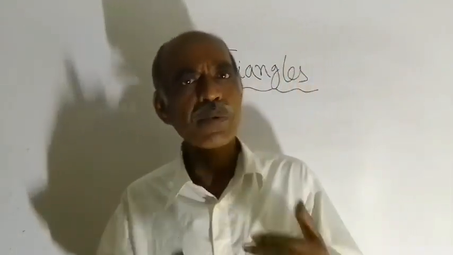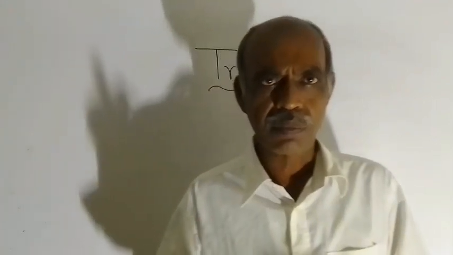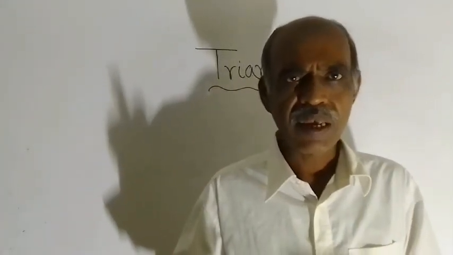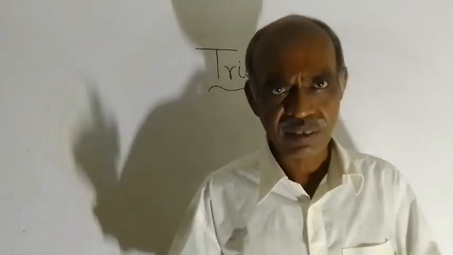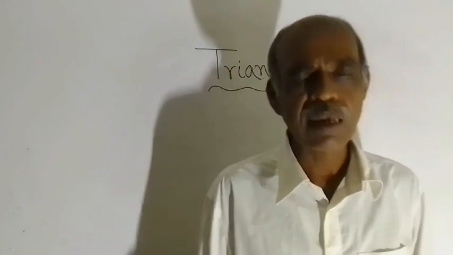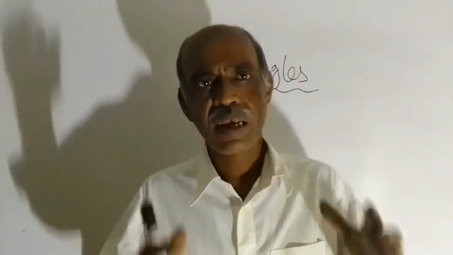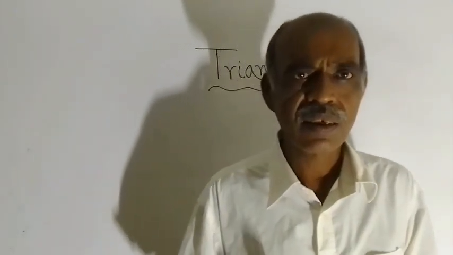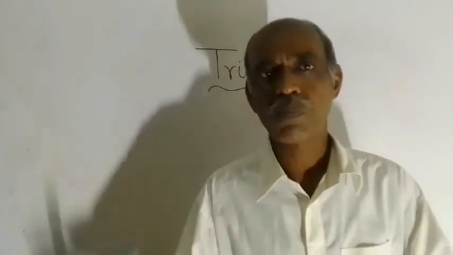If solved examples are given for a single problem in different ways, then you must go through all the solution procedures. Then only you will get a robust idea about that topic.